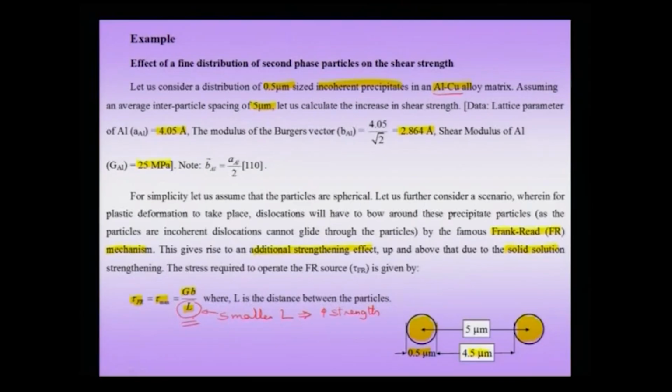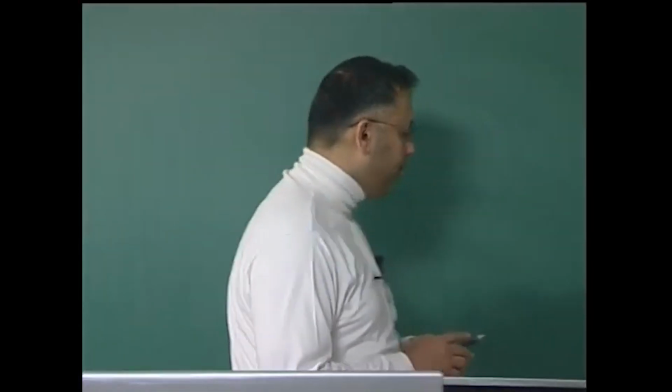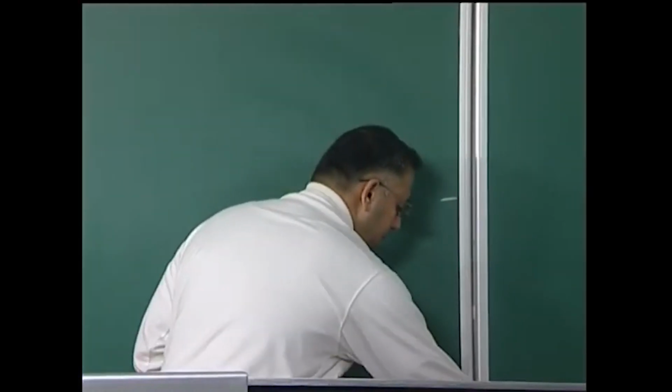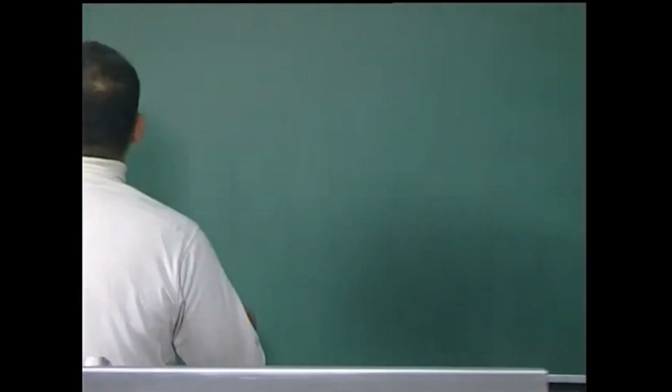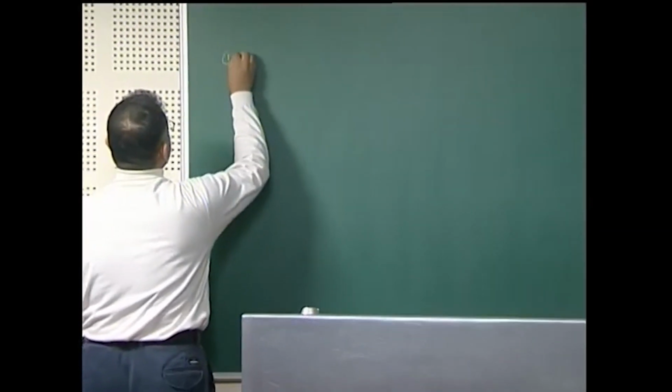In fact, this is the whole strategy behind what is called precipitation hardening in a precipitation hardening system like aluminum copper. And though I had mentioned this before, maybe briefly, I will talk about the steps involved in this mechanism. Step 1 is to solutionize.